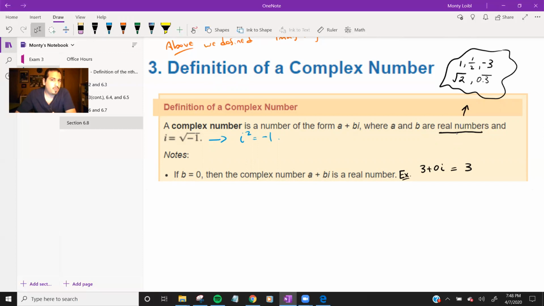So if b is 0, then it's a real number. Our imaginary unit goes away. You can think of this as your real part, and this is your imaginary part. So the complex number just has both real and imaginary parts.